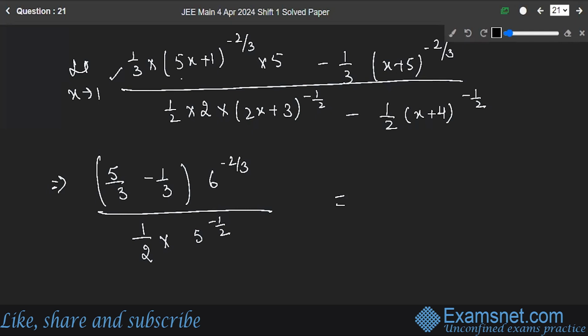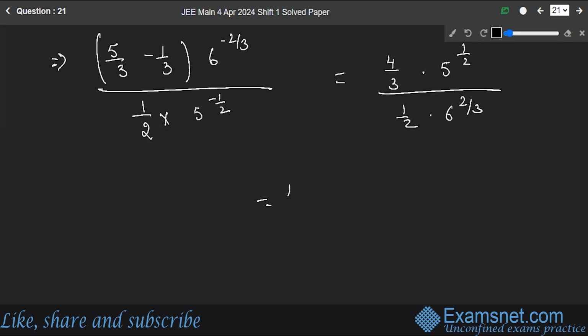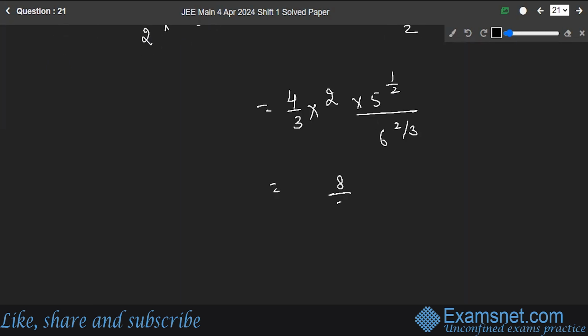So this can be written as 4 upon 3 into 6 power minus 2 by 3, upon 5 power minus 1 by 2. So this is equal to 4 by 3 into 2 into 5 power 1 by 2, 6 power minus 2 by 3. This is equal to 8 upon 3, 5 power 1 by 2, 6 power minus 2 by 3.